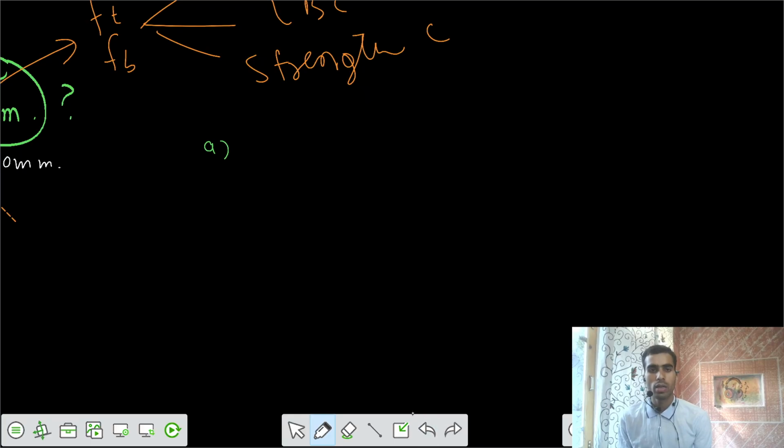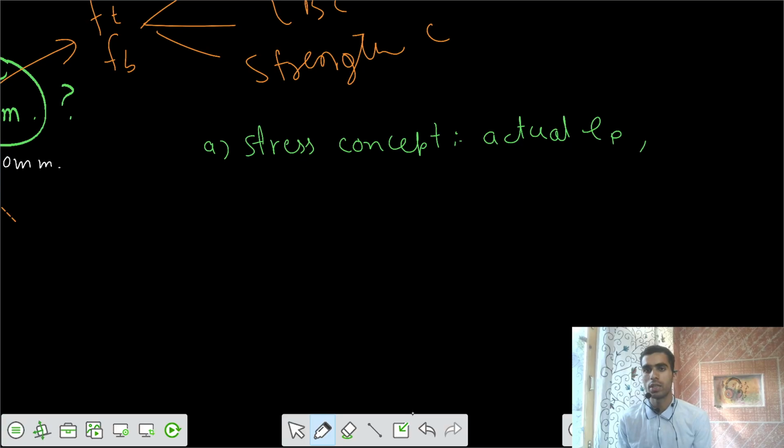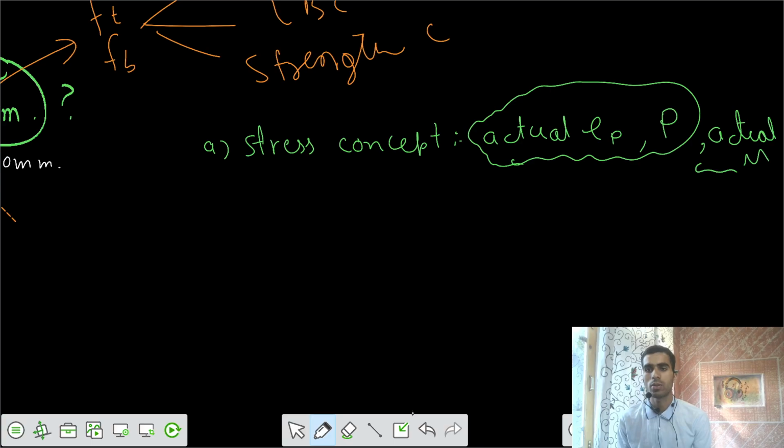If I'm calculating for the first one, the stress concept needs the actual location of EP. It talks about a particular section, the actual EP location, the actual P force, and the actual moments on the section. It talks about all those things.